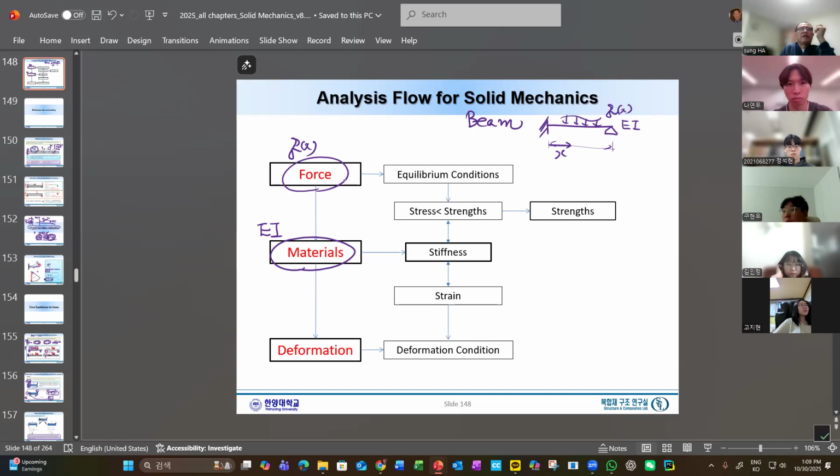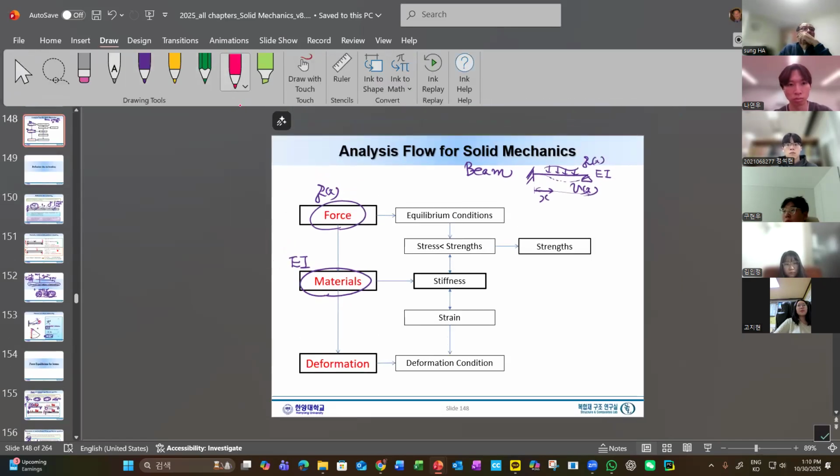And then deformation. We can calculate the deformation. For this kind of case, the deflection will be like this. Say V(x) is the one we would like to find.